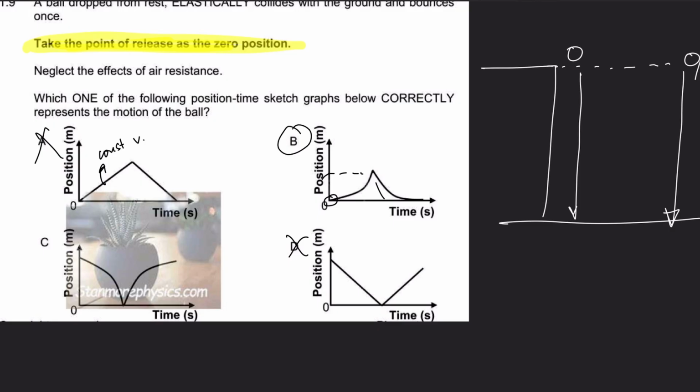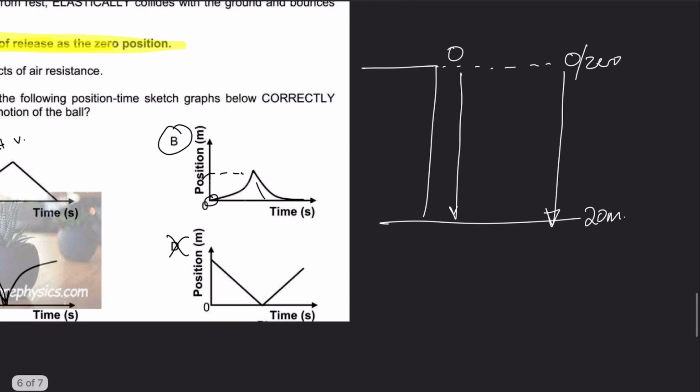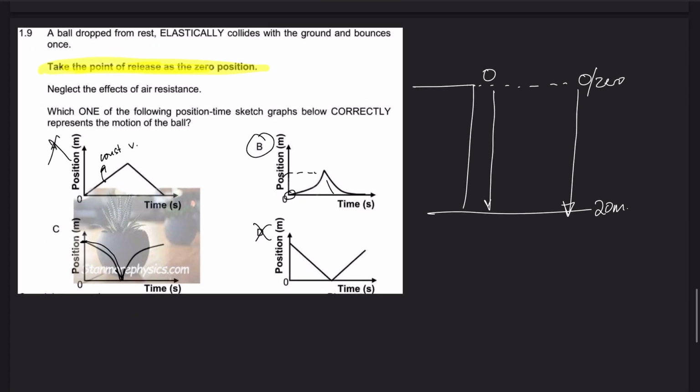Let's look at C. So C, the object is starting from some position and it's moving towards 0, right? And if the point of release is 0, it means that as time passes, we just saw here, the ball is moving away from that 0 position. So that's why B should be the correct answer.